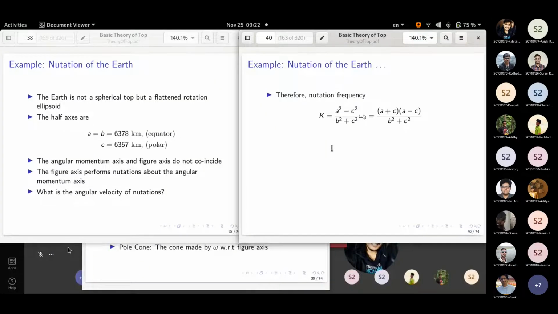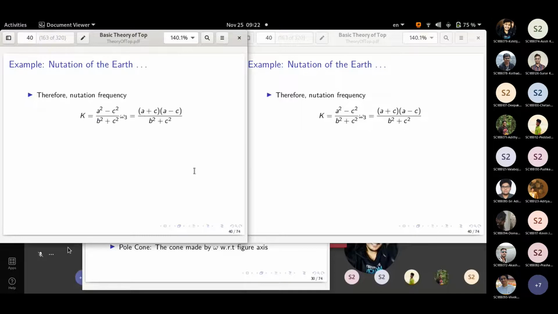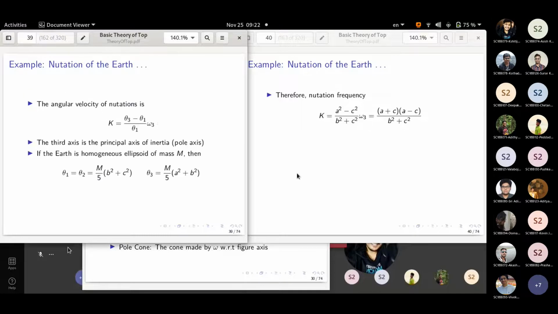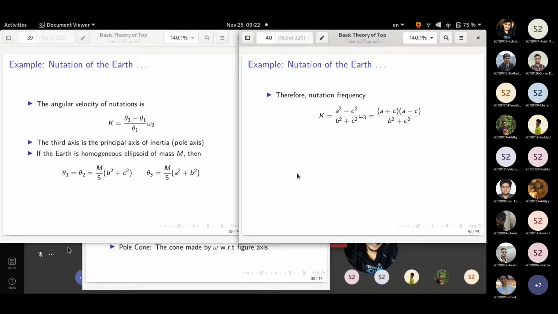So let us compute this nutational frequency now. If you substitute this in theta 3 minus theta 1 divided by theta 1 times omega 3, we get this expression: a square minus c square over b square plus c square, times omega 3. We have to actually substitute these numbers and compute it, or we could do some approximations to get an easier expression. In fact, since you already know these diameters, you can substitute them also and then compute.